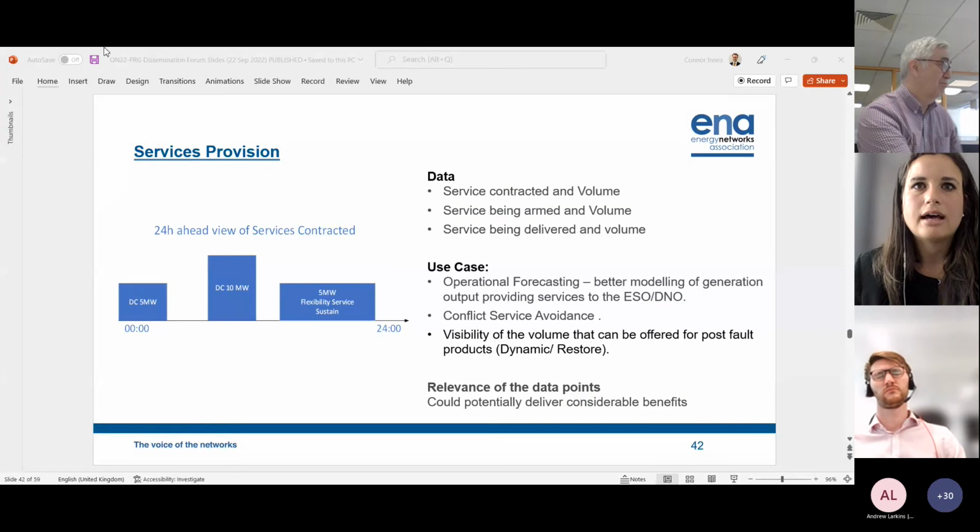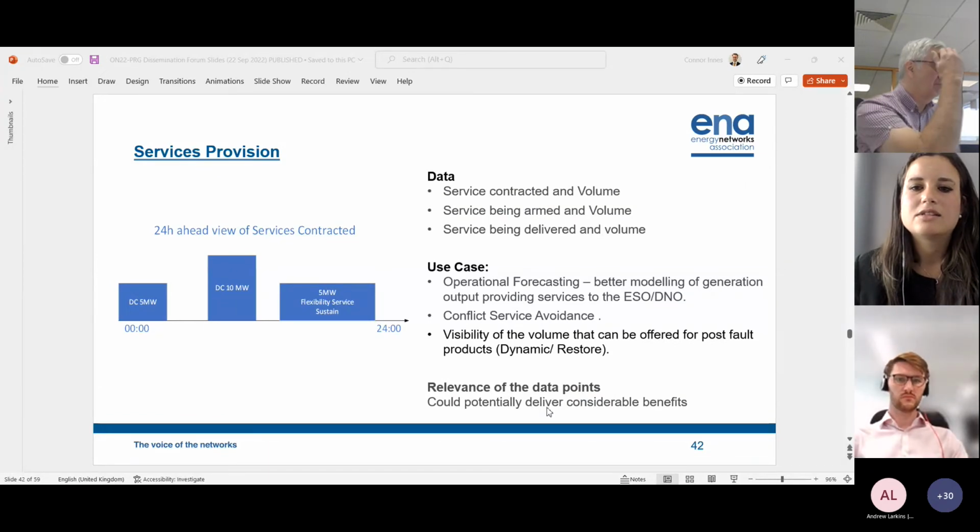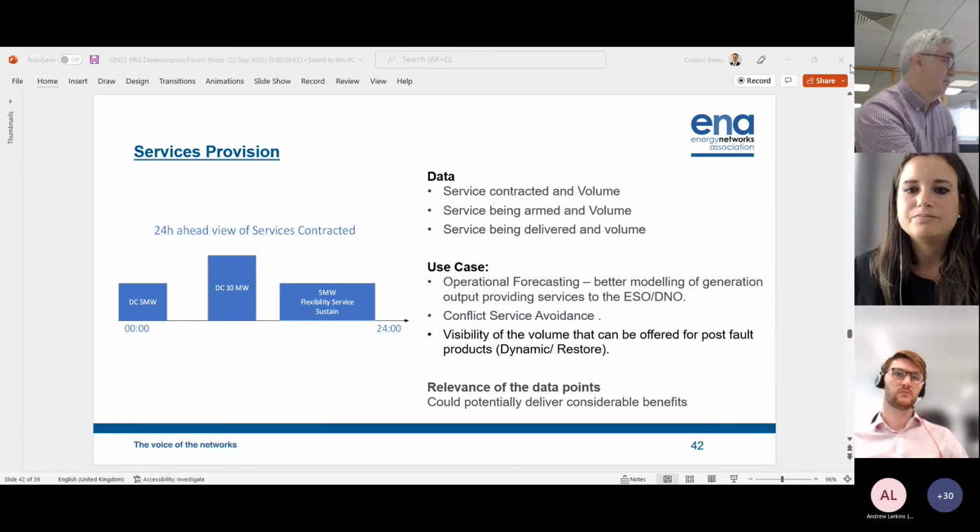Sorry, the next use case is conflict of service avoidance. Having visibility of the service contracted, armed, and being delivered could avoid conflict of service, given an agreed set of primacy rules.